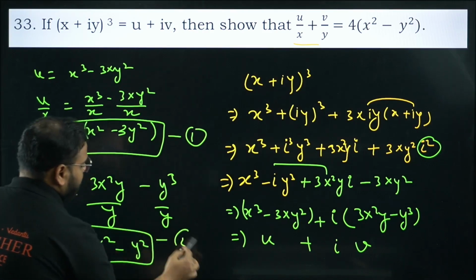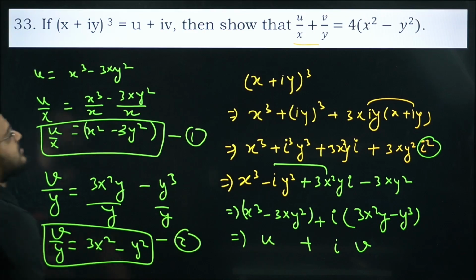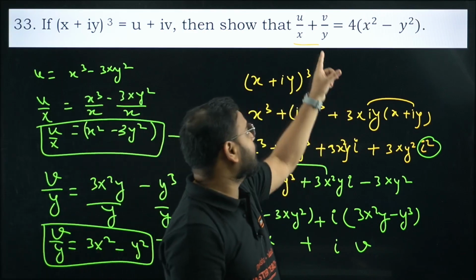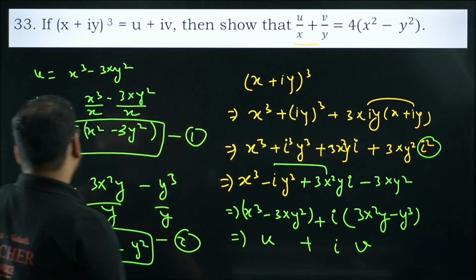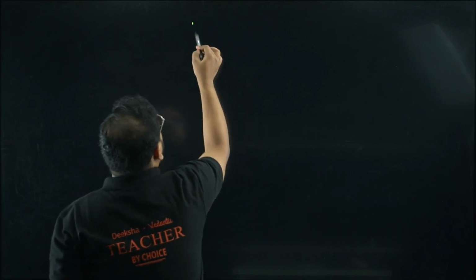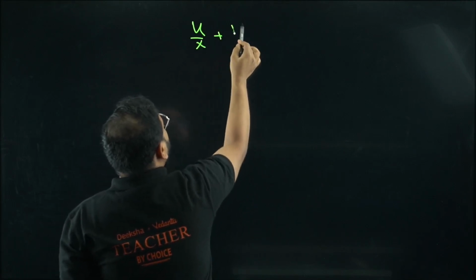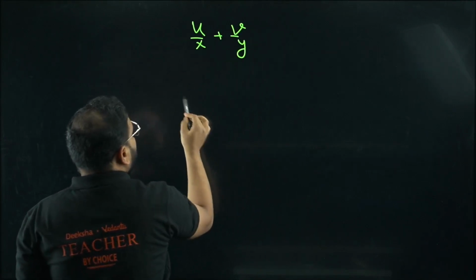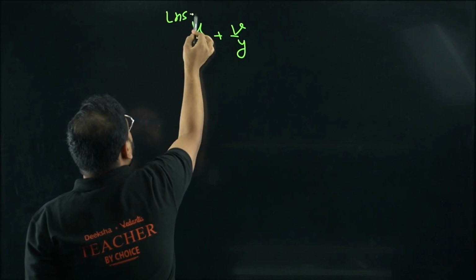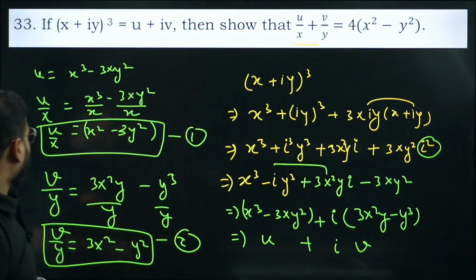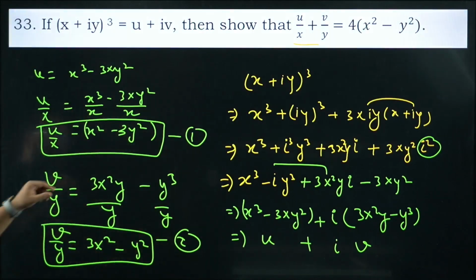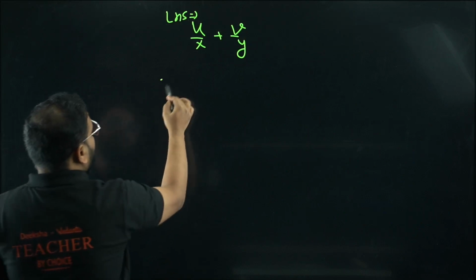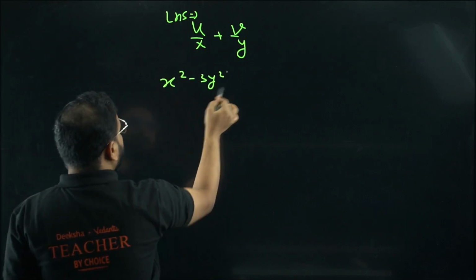Okay. Let's use the LHS of what we have to prove: u by x plus v by y. This is the LHS part. U by x, from equation number 1, is x square minus 3y square.